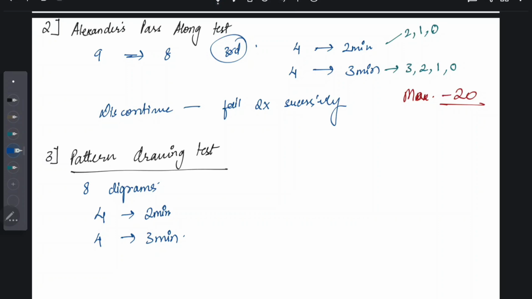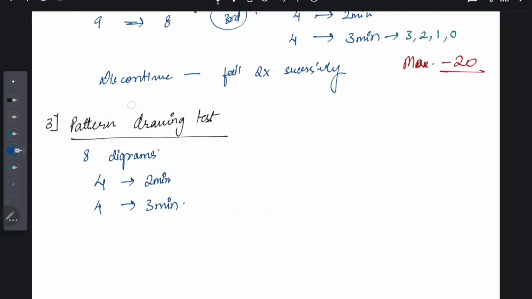And you demonstrate the first design if it is necessary. If there is a failure, you demonstrate it, but you don't let the subject try that design again. And then you move on to the next design. And if the person fails twice, you discontinue, if they fail two times successively.